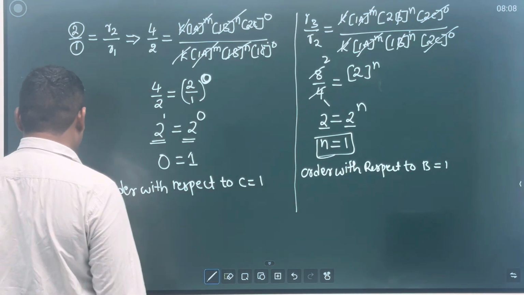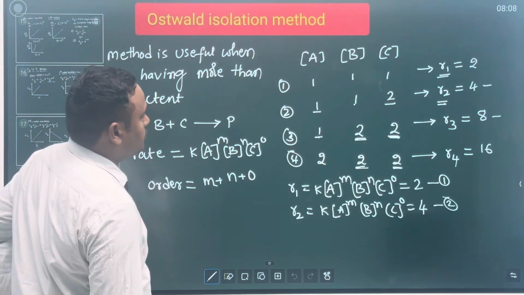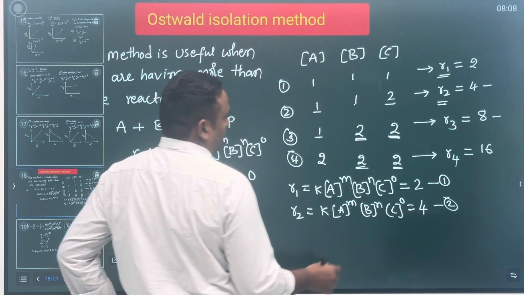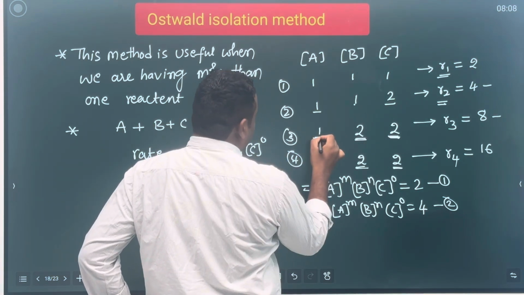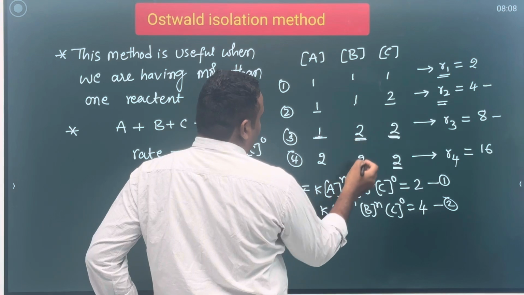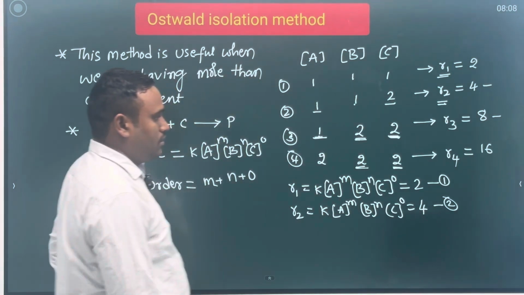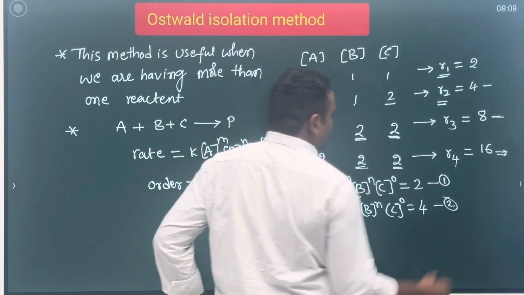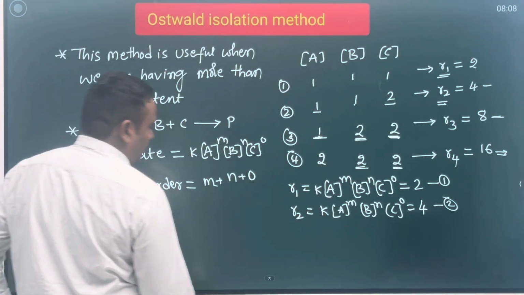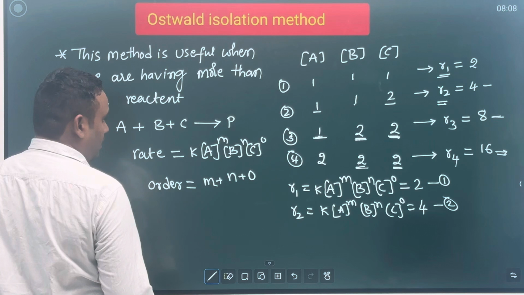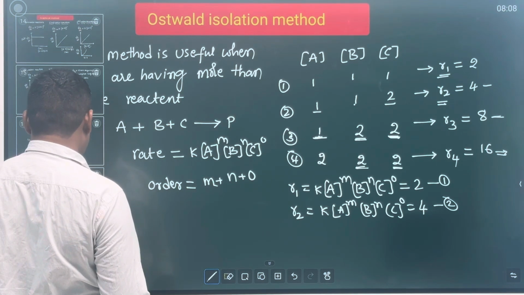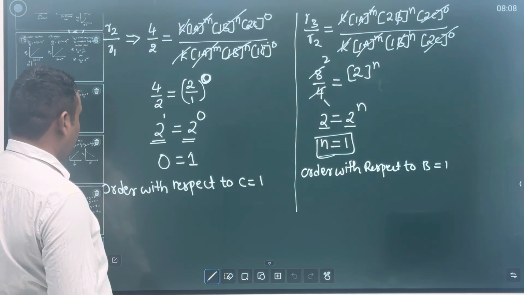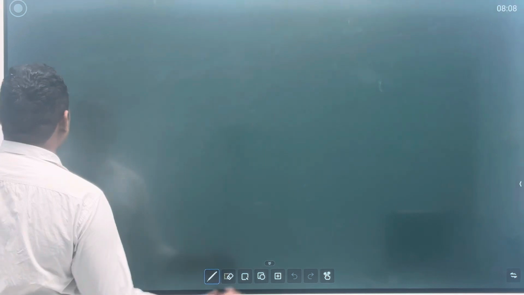Next, order with respect to a. Where can we find the order with respect to a? By comparing which equations can we get it? Here the concentration of a is changed, in 1, 3 and 4. Here b concentration is constant, c concentration is also constant. Here rate is 8 and here rate is 16, means you compare R4 and R3.